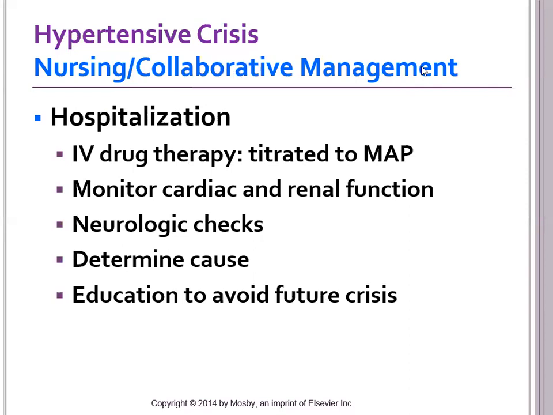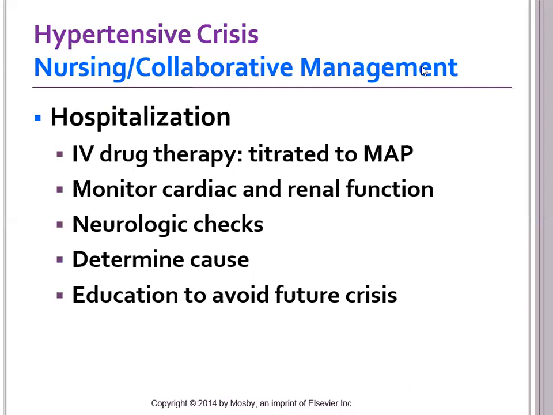Yes, manually. Yes, we can use an arterial line. But are we really looking at those blood pressure readings over and over? What number are we looking at? The MAP, right? Their mean arterial pressure is going to be our guide for our patients in hypertensive emergency.